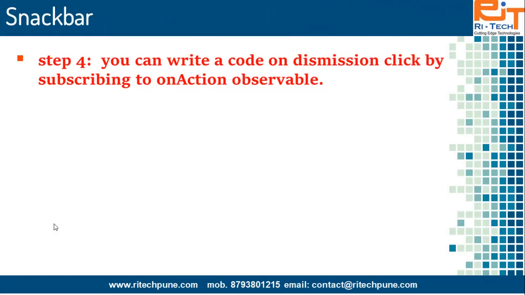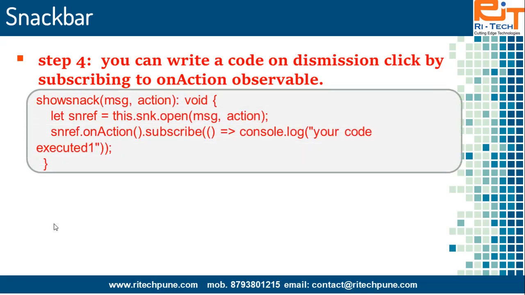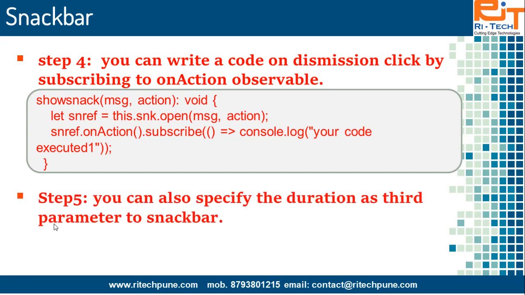Now step 4: you can write code for the dismiss click by subscribing to the onAction observable. Snack bar provides you the onAction observable, and you can subscribe to it and write code. That code will be executed when you perform this action.